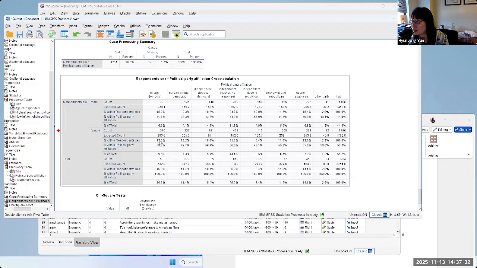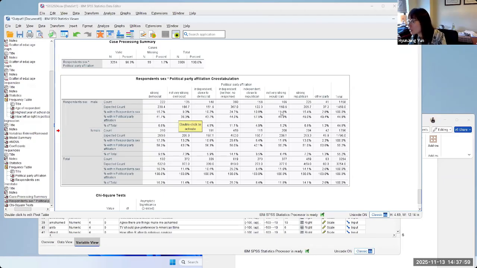Let's look at the female. It's going to be 17 and 13, which is 30.5 percent, so 31%. So there is quite a bit more of a division between male and female for Democrat Party affiliation. What about the Republican?